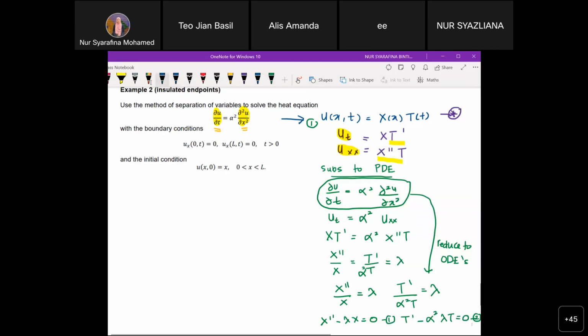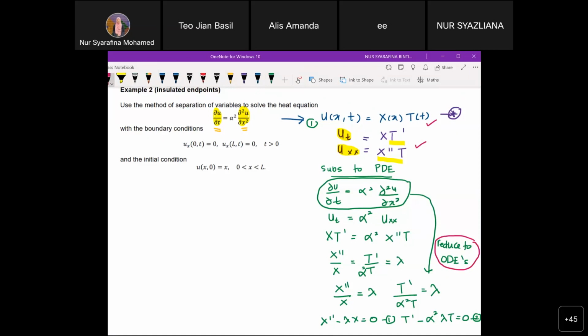So what we did just now is we reduced the PDE to ODE by expecting the solution and then differentiating according to the problem. According to the problem, this is the heat equation, so you should have del u del t, del squared u del x squared.